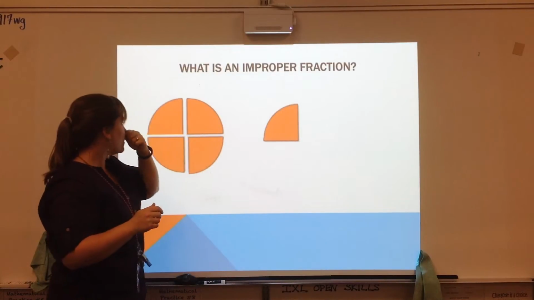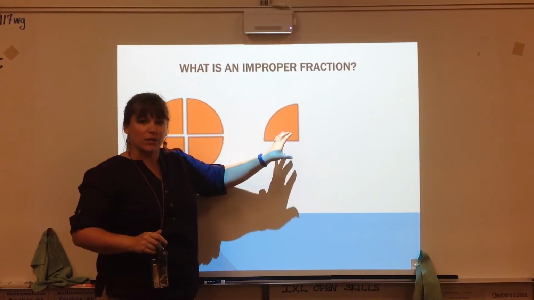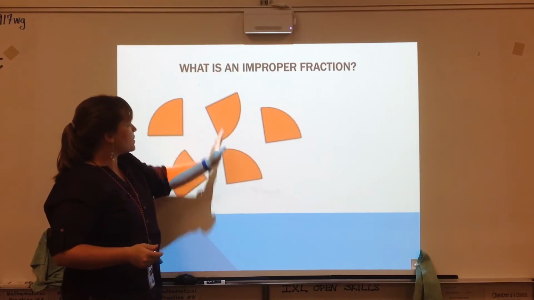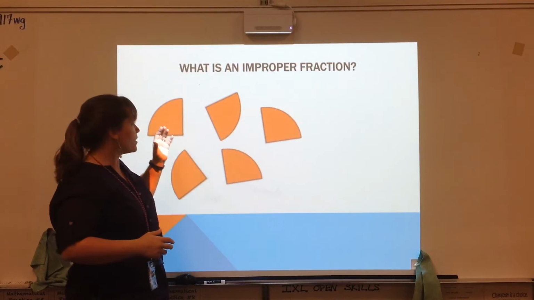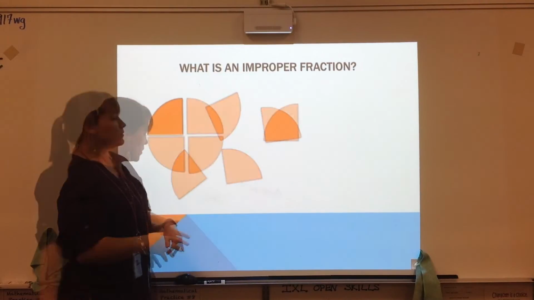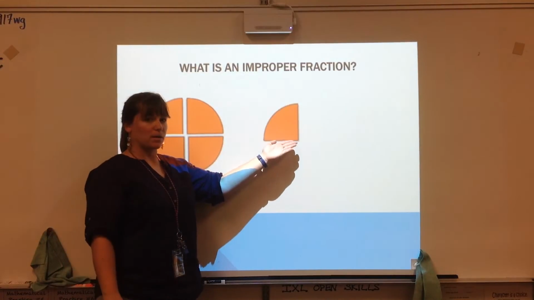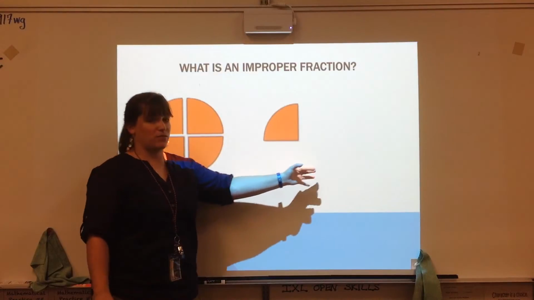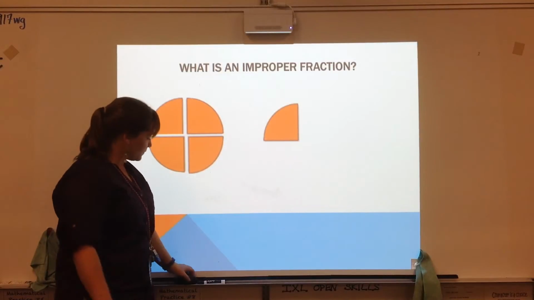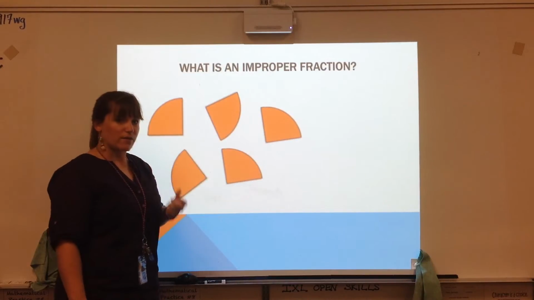So right here I have one whole pie, and then I have a piece over here that's bigger than one whole. What improper fractions do is split up all 5 pieces, and they are still each 1/4 of the entire pie. This is a mixed number because it has one whole part and then part of another whole. If we had 3 more pieces, we would have 2 wholes. So going back to this one, if you have 5/4, then you would have an improper fraction.